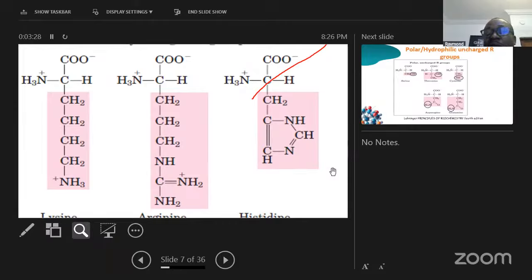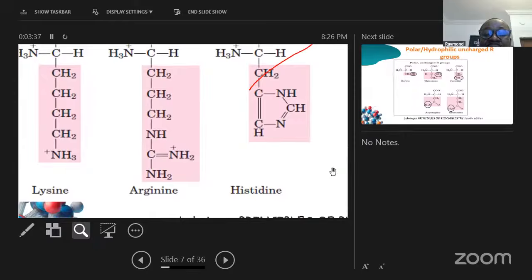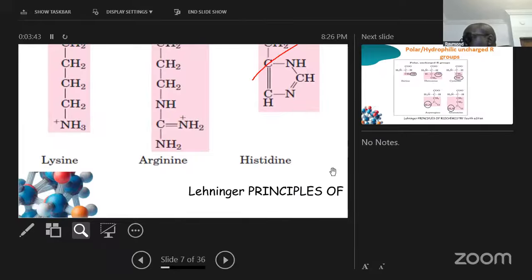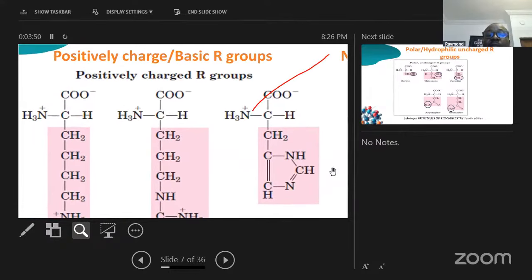Then we have the amino group here. So that's for arginine. We also have histidine.